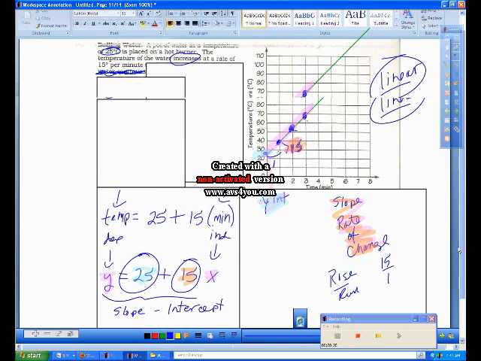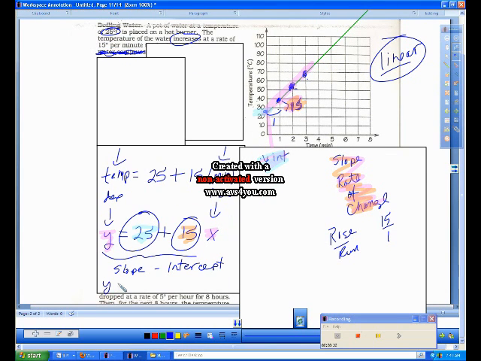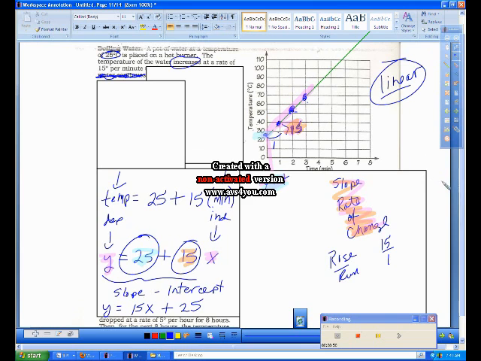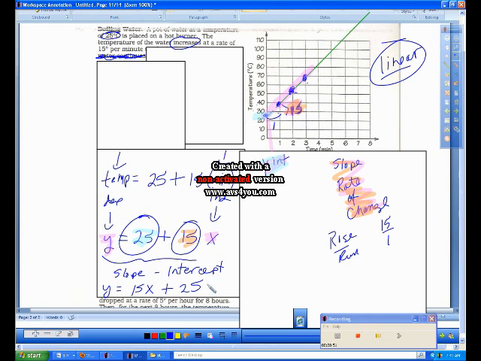Now I will say that more commonly you'll see the slope part written first, followed by the Y-intercept. So the type you're going to see in textbooks more often is this 15x plus 25. But we know from commutative property that that's exactly the same thing as 25 plus 15x. So that helps to explain why this is actually called slope-intercept form.